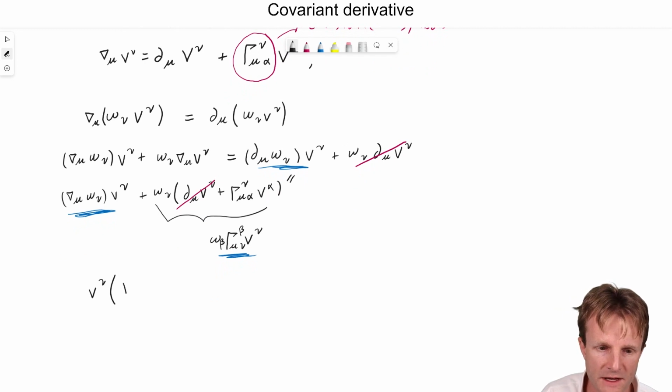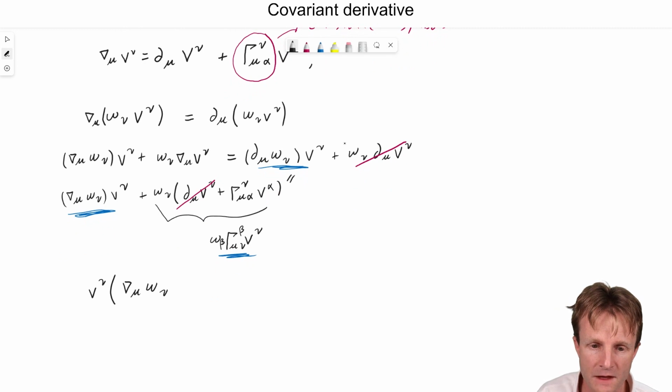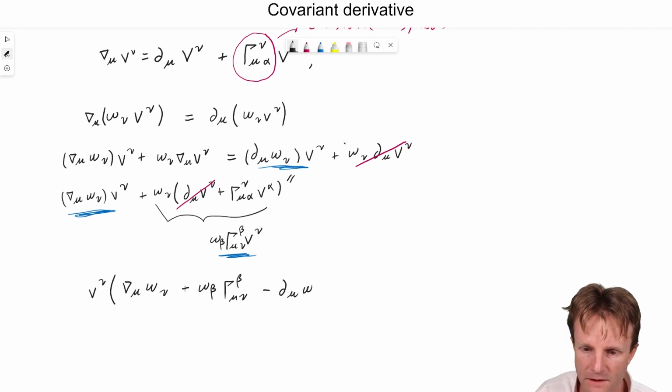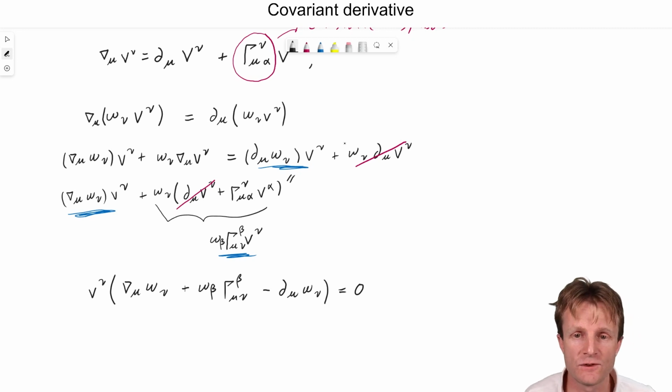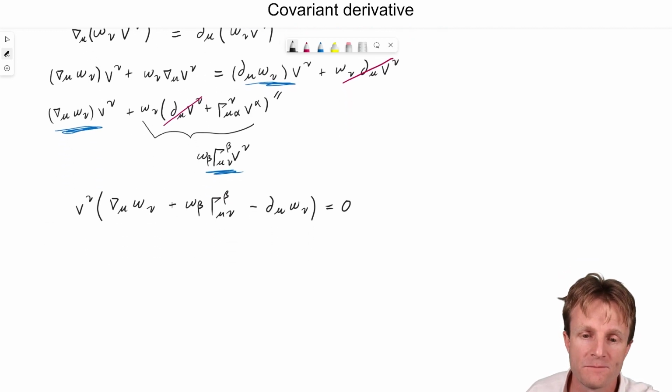And then from the left-hand side, I have del mu omega nu. And then also from the left-hand side, I have plus omega beta, gamma beta mu nu. And then from the right-hand side, which I'll move over, I have minus del mu omega nu. And this is all equal to 0. We want to impose that this is true for any vector v, not just one specific one.